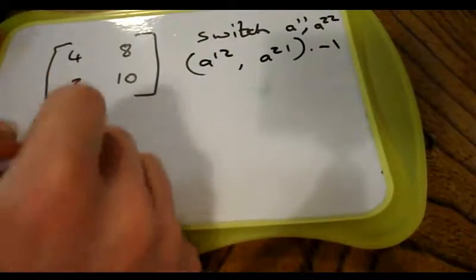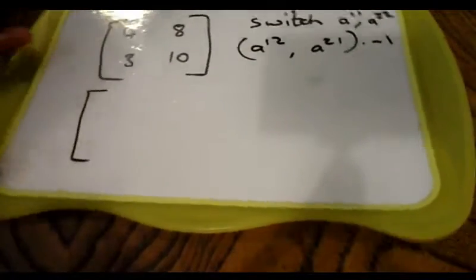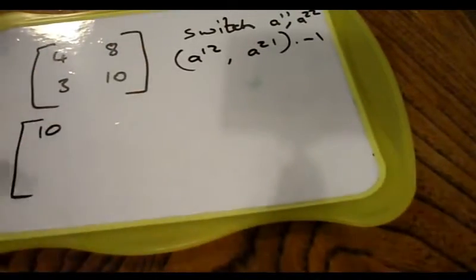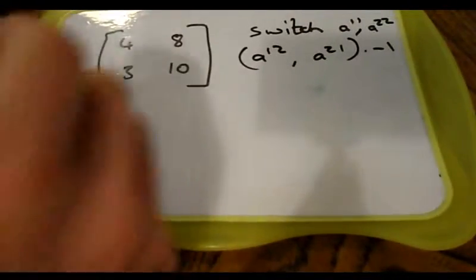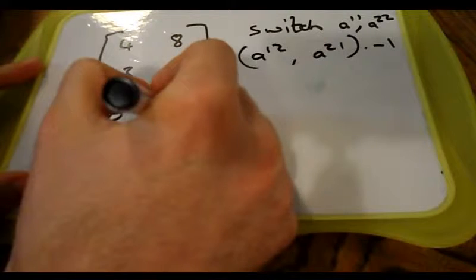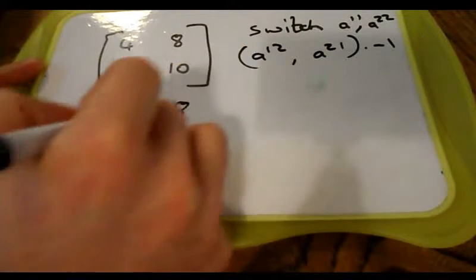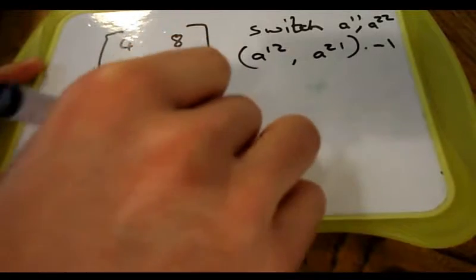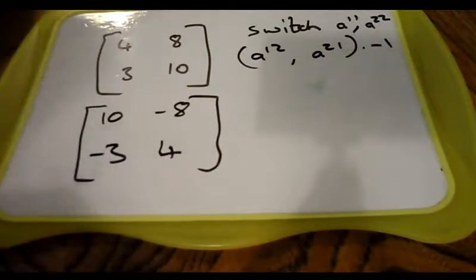So you end up with 10, minus 8, minus 3 and 4. And that's your adjugate.